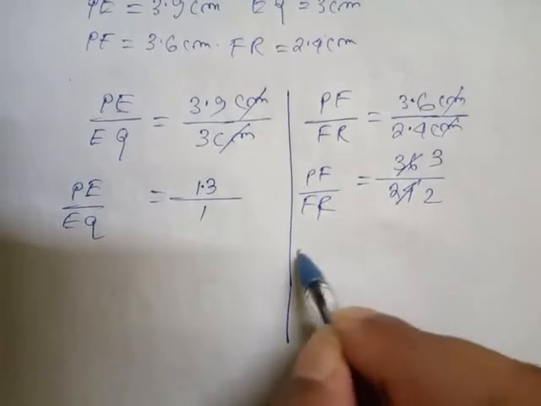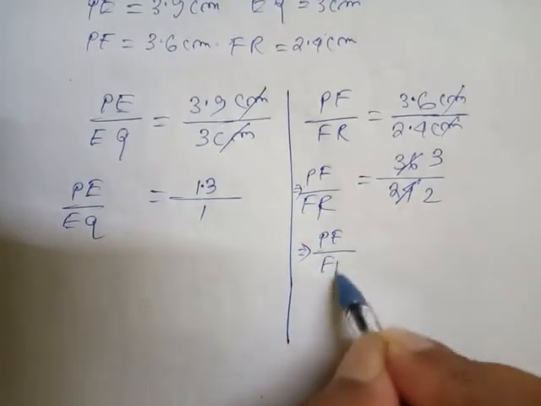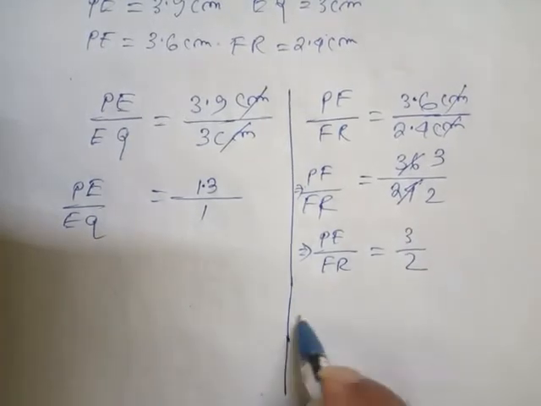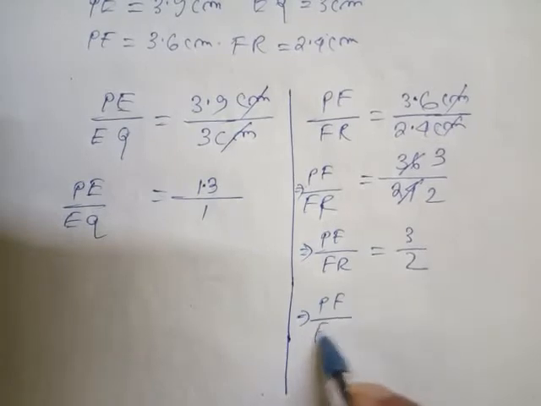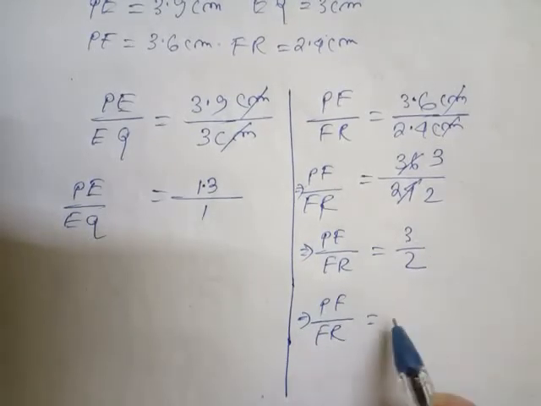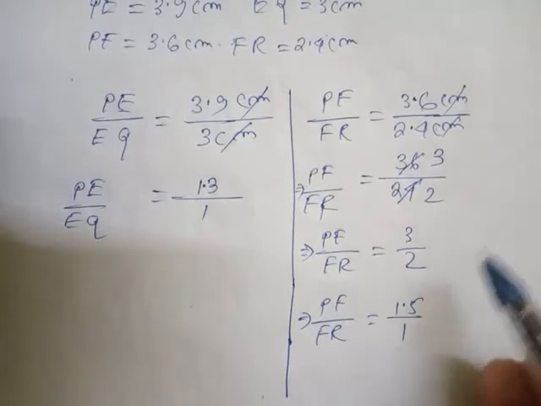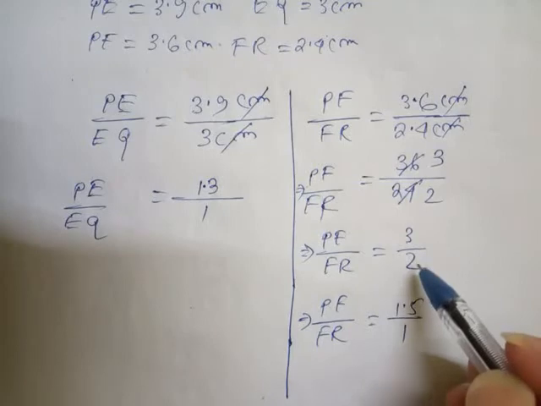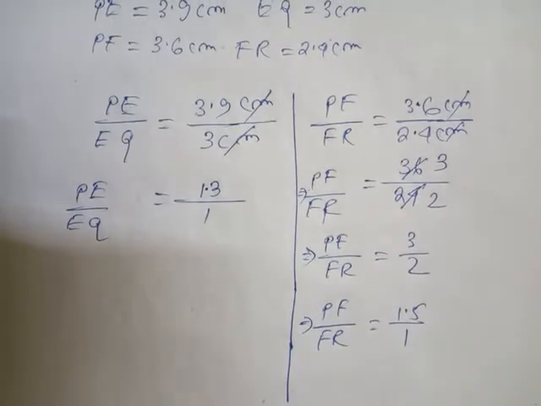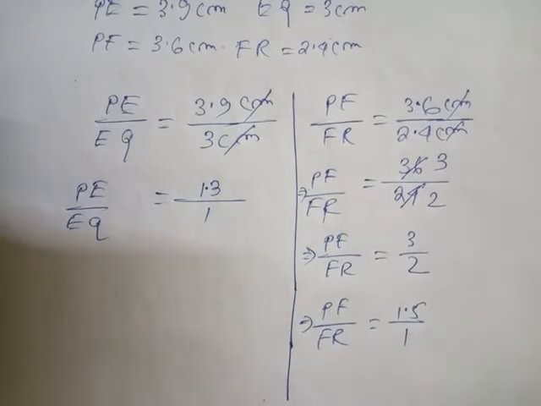Now look here, after that student, PF by FR equal to 3 by 2. Now if we go for the division, 3 divided by 2, the answer is 1.5 obviously. Now look here student, this value is 1.3 and this value is 1.5, which means they do not match.